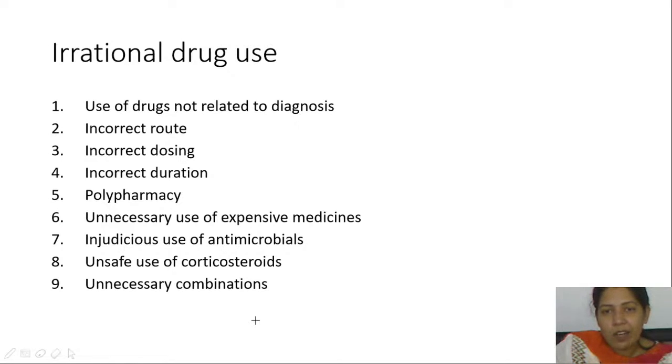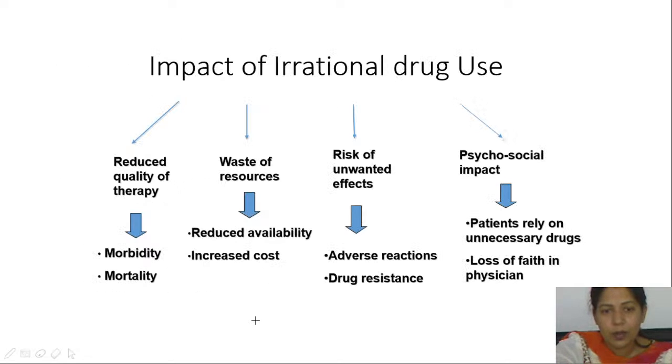Polypharmacy is very frequently followed, and usually it is when you are not confident in your knowledge and you tend to overprescribe. Then unnecessary use of expensive medicines when cheaper alternatives are available, injudicious use of antimicrobials, unsafe use of corticosteroids, and unnecessary combinations or FDCs. These are all considered under irrational drug use.